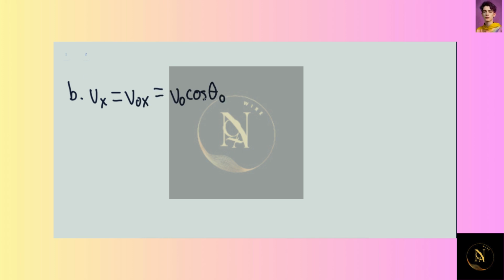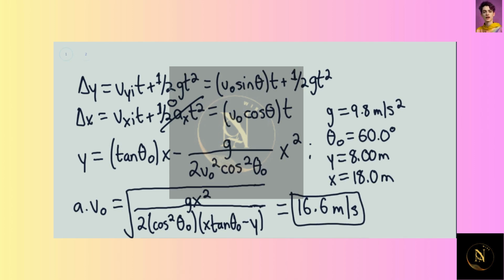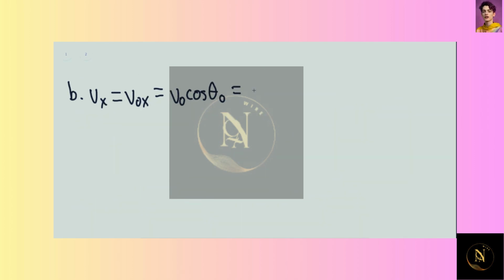And we're using V initial from part A and theta initial from our given 60 degrees. So this is going to equal 8.3 meters per second, and that's how we would find the x component of the final velocity, because there isn't any acceleration in the x direction. So the initial velocity in the x direction would be equal to the final velocity in the x direction.